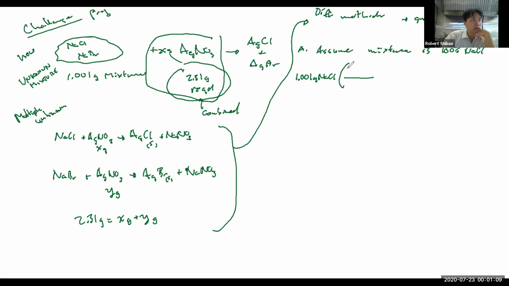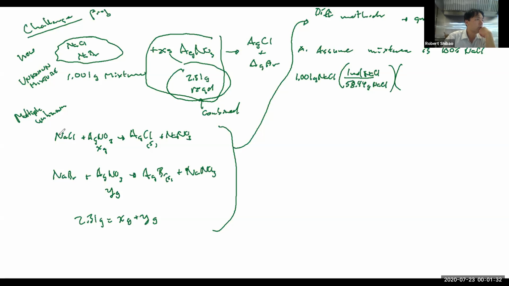So 1 mole of sodium chloride, 58.44. From Wikipedia.